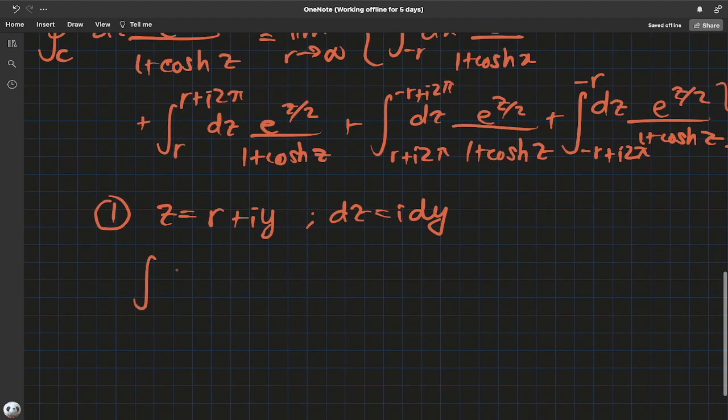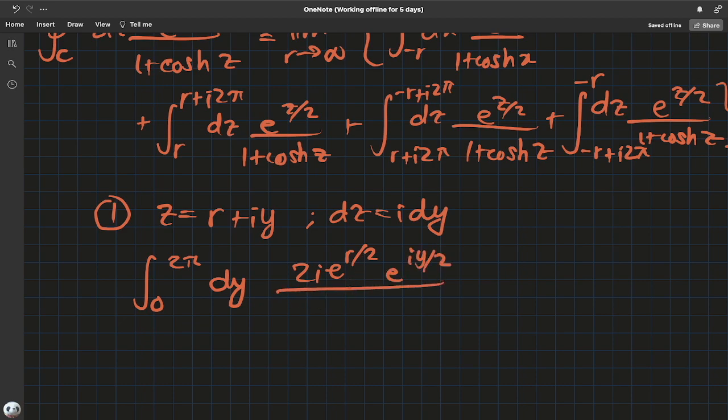So we have the integral from 0 to 2 pi for segment 1, dy times i e to the r over 2 times e to the i y over 2, divided by 2 plus e to the r e to the i y plus e to the negative r e to the negative i y.